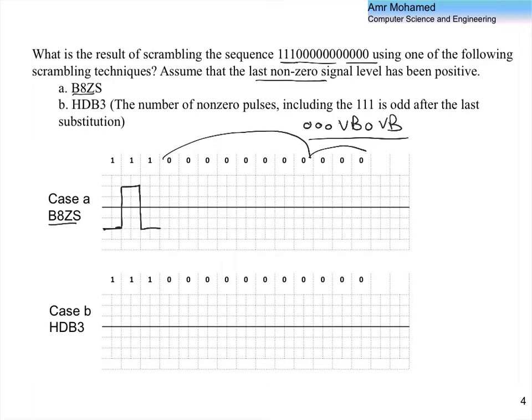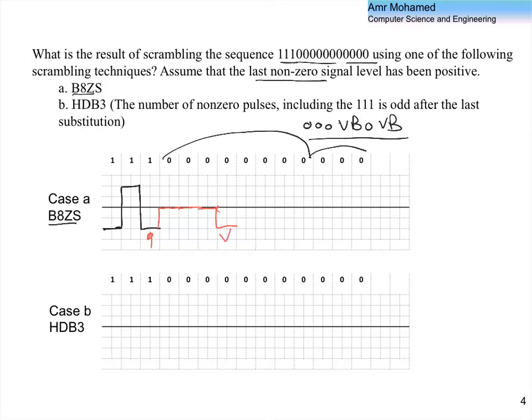So the 8 zeros become the violation sequence. The first are 3 zeros, and then a violation. Violation means that it's equal to the previous pulse, so that the receiver would know that this is not bipolar, it's not the proper sequence of AMI.